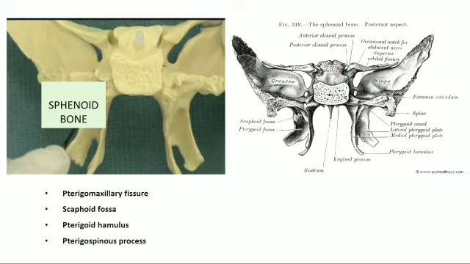Remember, the lesser wing of sphenoid we cannot appreciate from the Norma Basalis, but we can appreciate the undersurface or infratemporal surface of the greater wing of sphenoid, which is clearly seen in the Norma Basalis.